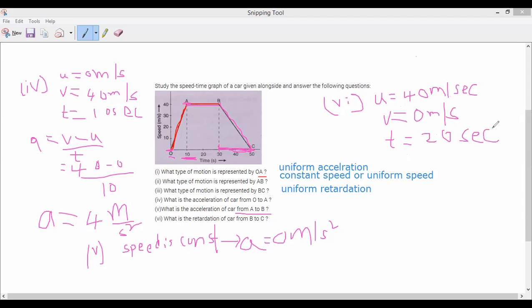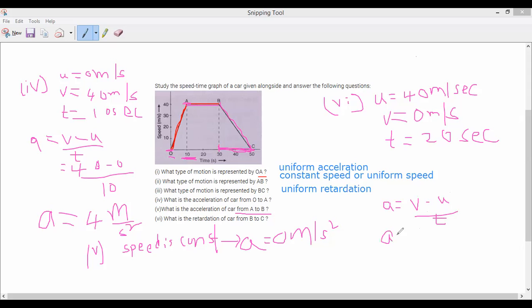I think Mahalakshmi answered: it is minus 2. Mahalakshmi forgot the minus sign. It is decreasing, so the acceleration should be negative. Final velocity minus initial velocity divided by time. Substitute it, all of you.